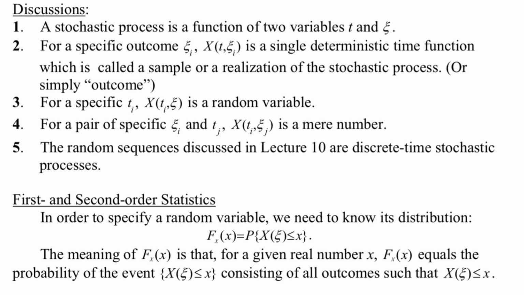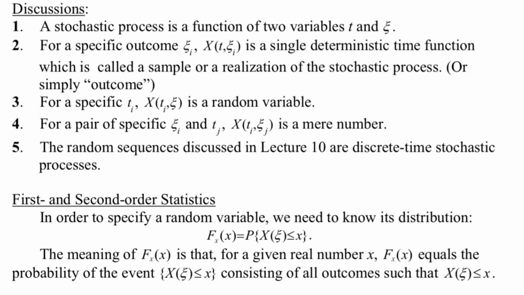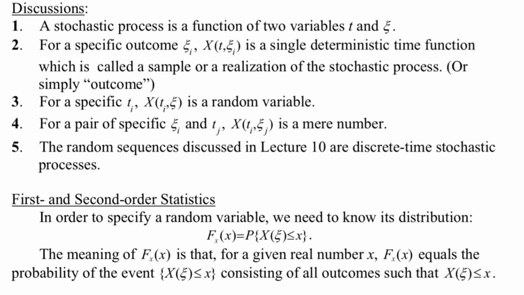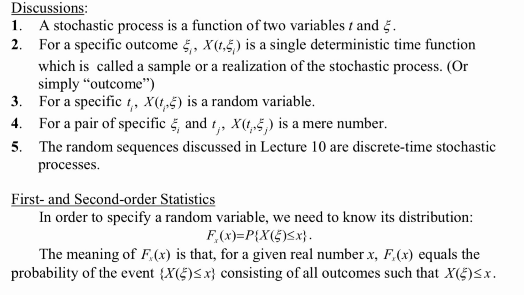The meaning of this is that for a given real number x, F_X(x) equals the probability of the event {X smaller or equal to x}, consisting of all outcomes such that capital X is smaller or equal to x.